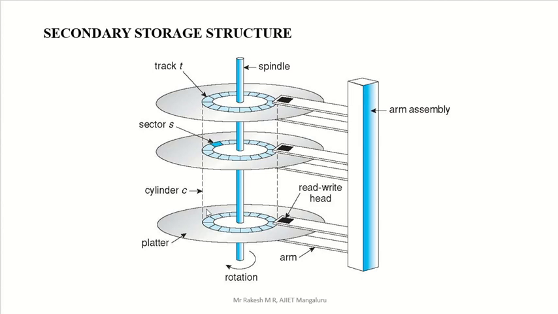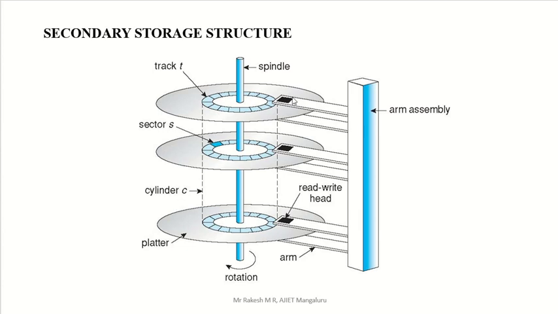Here we have only one cylinder as an assumption, because a cylinder means one track here, the same position here also has a track, and the same position here also has a track. Those tracks combined together form one line of that particular track, so that shape is called a cylinder shape. Like that we have a lot of tracks in each platter, and we can combine them to form cylinders.